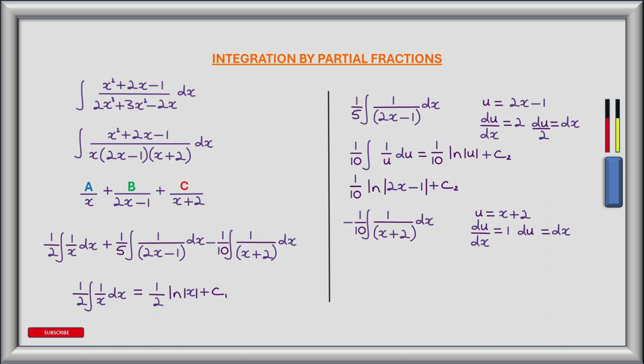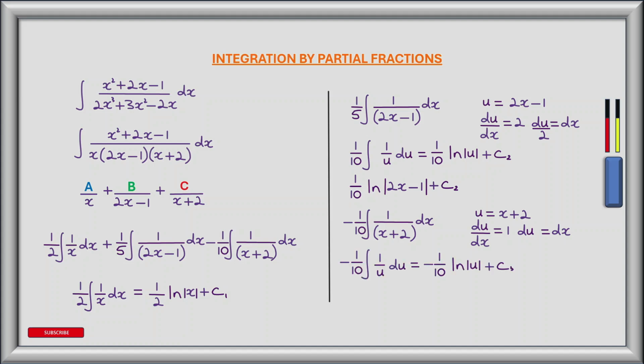And for the last integral, we need to evaluate minus 1/10 times the integral of 1 over x plus 2 dx. So again, using u substitution, we let u equal x plus 2. du by dx, the derivative of u with respect to x, is equal to 1, and therefore du is equal to dx.